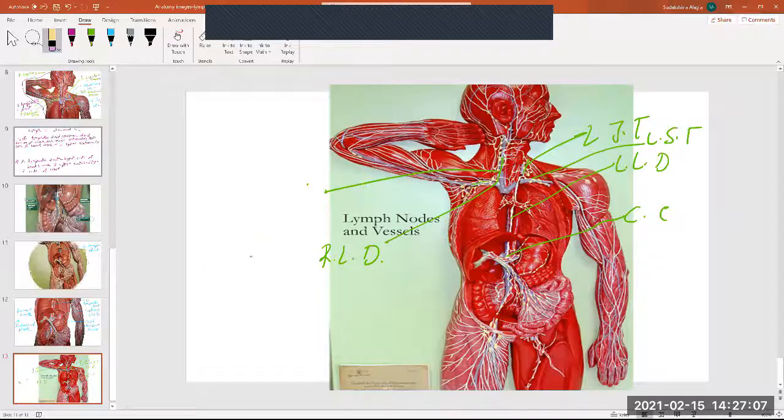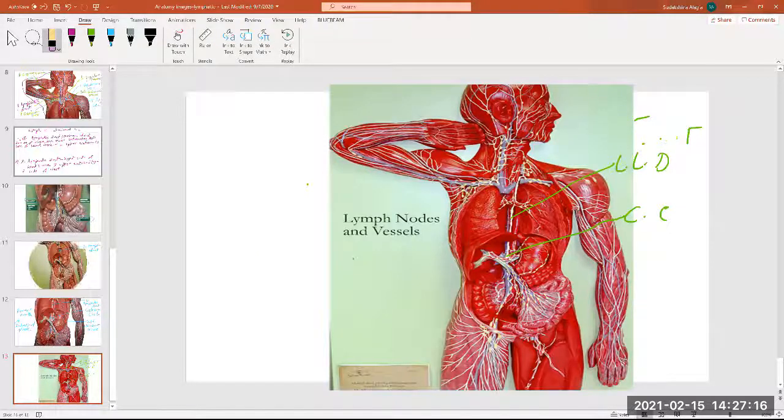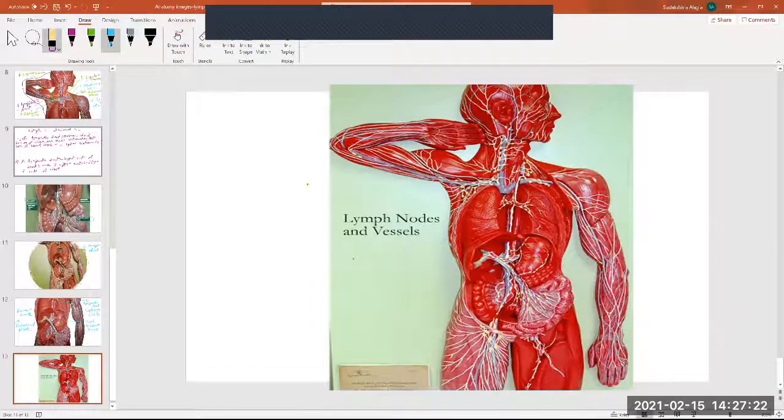So while lymph is being drained by lymphatic trunk or duct, they end up passing through not so much duct, but through the trunk, they end up passing through these lymphatic nodes. The function of the lymphatic nodes is basically to filter out. There's lots of white blood cells. We talked about white blood cells already. These lymphatic nodes are packed with white blood cells.